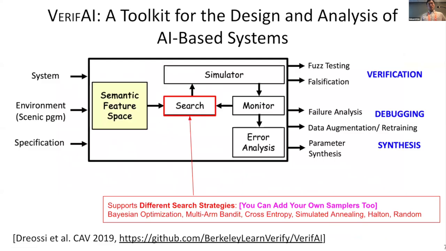So if I may go back, it can be used for different purposes. One big use case is what we call falsification, which is to search, and search here means sampling, right? Sampling from the distribution of scenarios that's modeled in the SCENIC program. And the purpose of sampling is to search for scenarios which lead to the violation of the specification that you're providing.